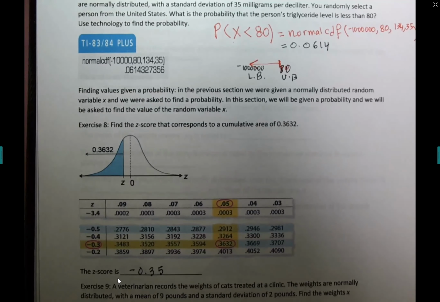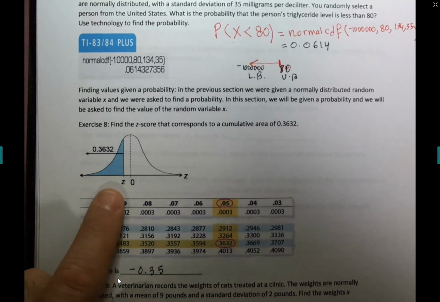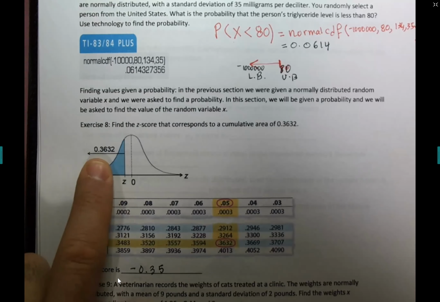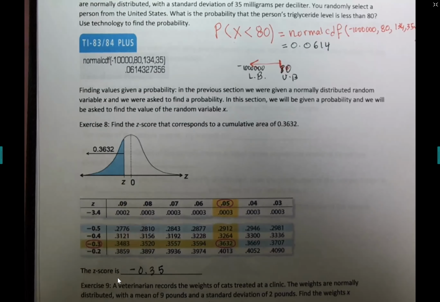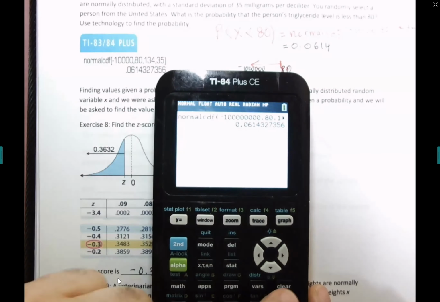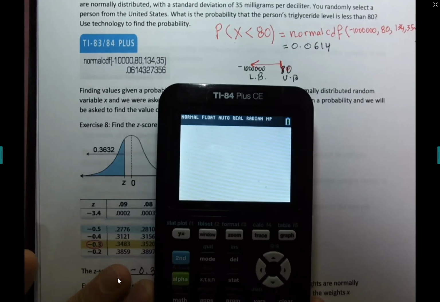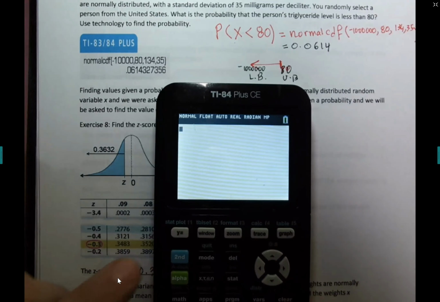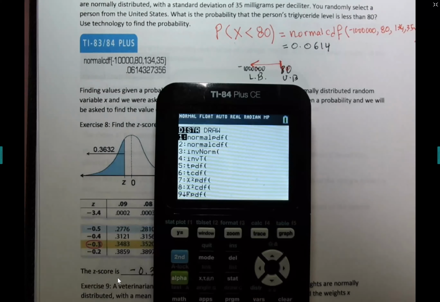Okay, watch. So the area to the left of Z is 0.3632, and we need to find Z. You ready to see how easy it is to use the calculator? Watch. You go to second, distribute. We don't use normal CDF. Normal CDF is reserved to find the area, the probabilities.